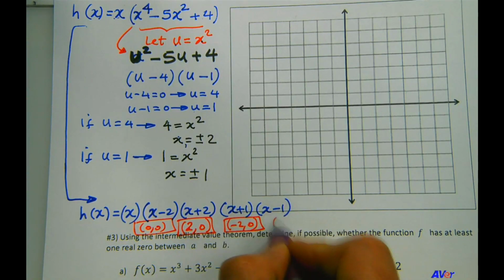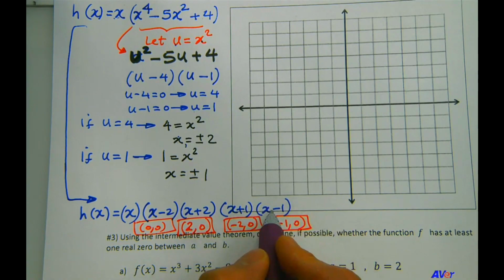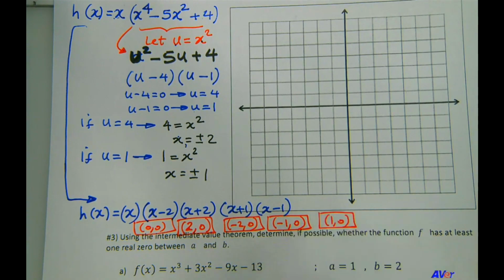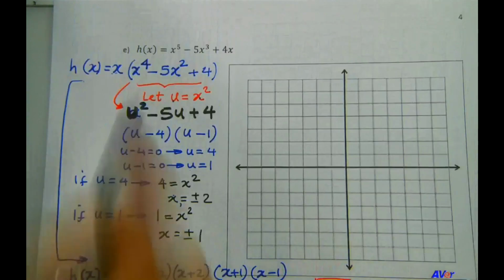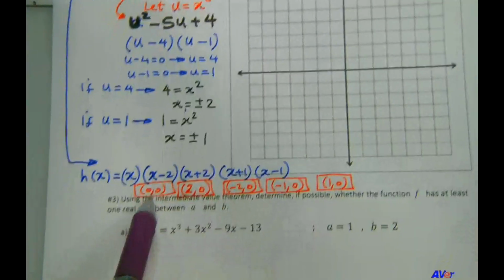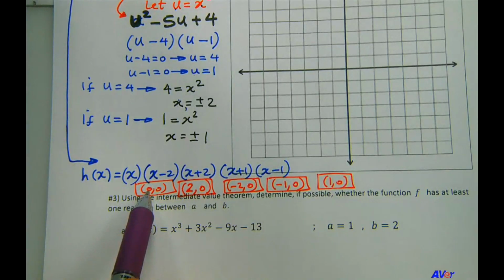What do you get? You get negative 1, comma 0. Set this factor, x minus 1, to 0, and solve for x. You get 1 comma 0, right? And the y-intercept, if you look at this original function, is the same thing as the x-intercept here. 0 comma 0 is both in this case.